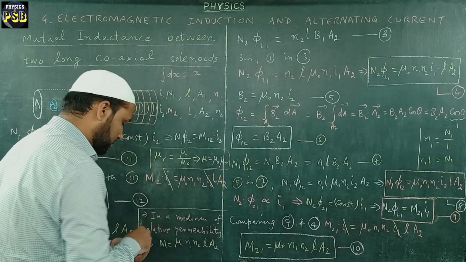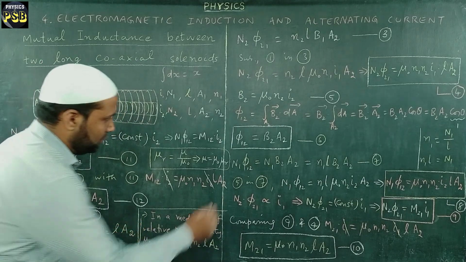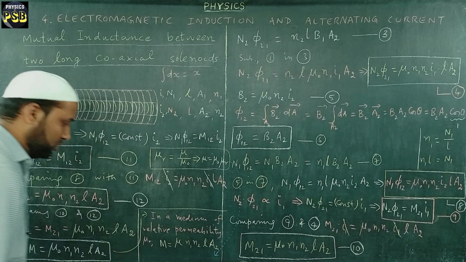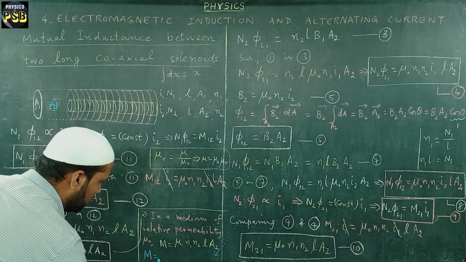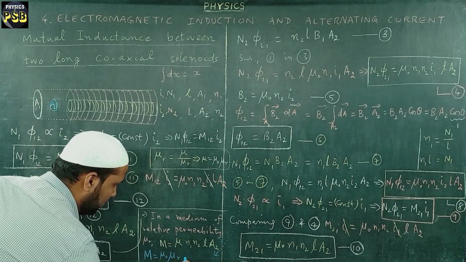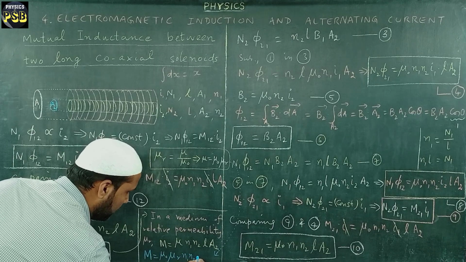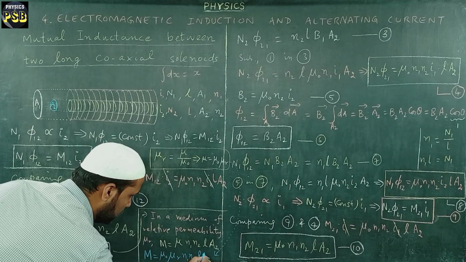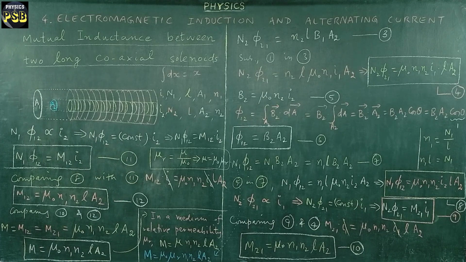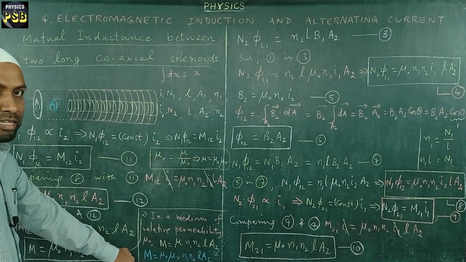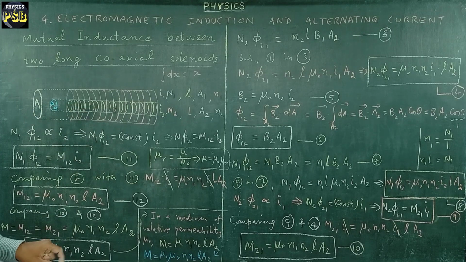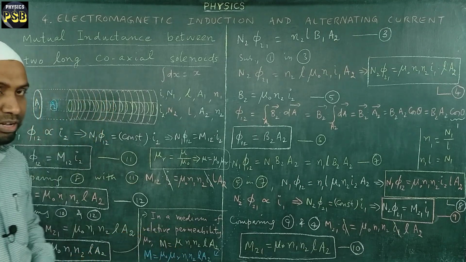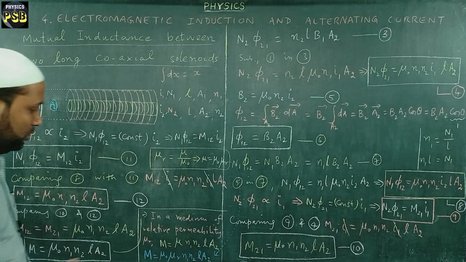Yeah, this I am going to use here. See what I will get if I do so. I get M equals mu naught mu r multiplied with N1 N2 A2 upon L. This is the expression for mutual inductance between two solenoids placed on a common axis in a medium with a permeability mu.